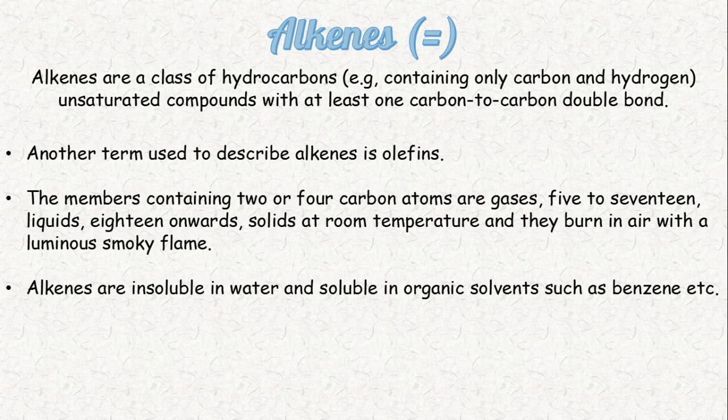Alkenes are a class of hydrocarbon. It means they contain only carbon and hydrogen, and they are unsaturated compounds with at least one carbon-to-carbon double bond.